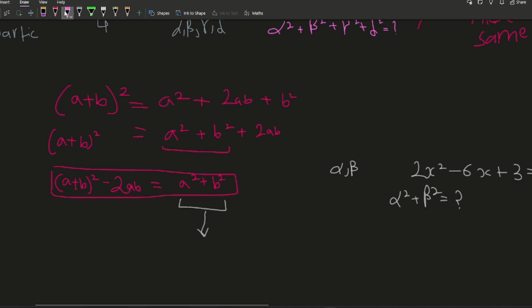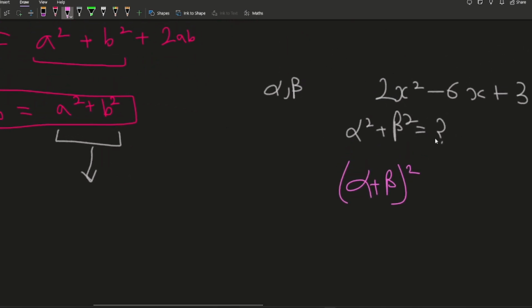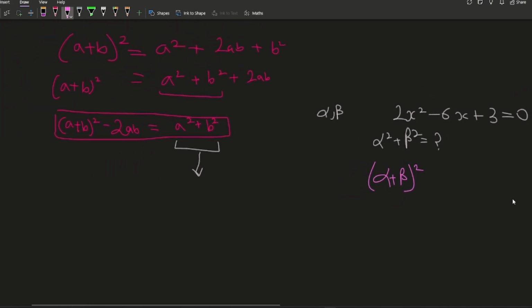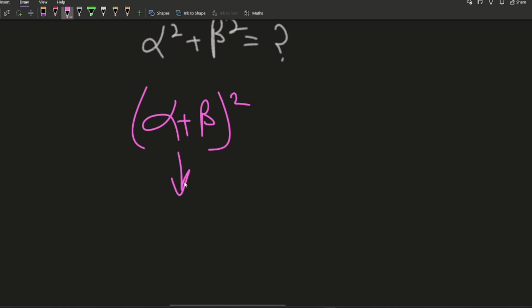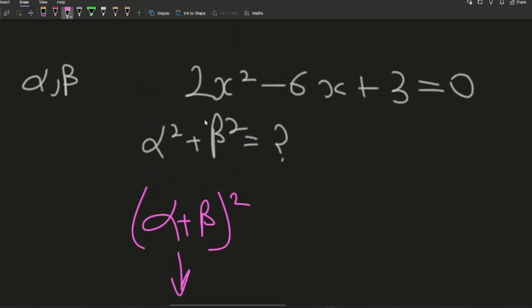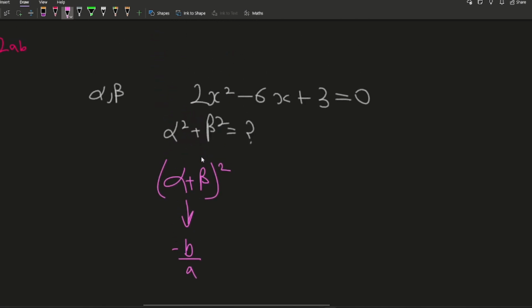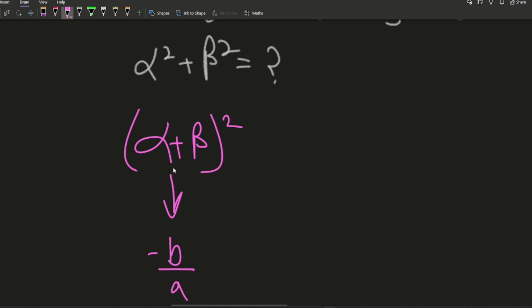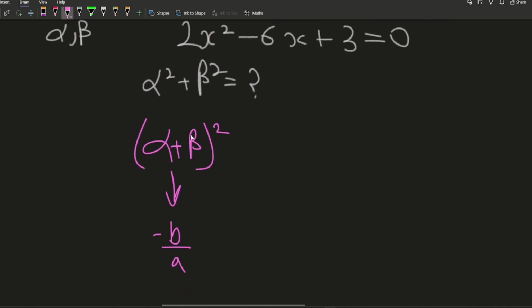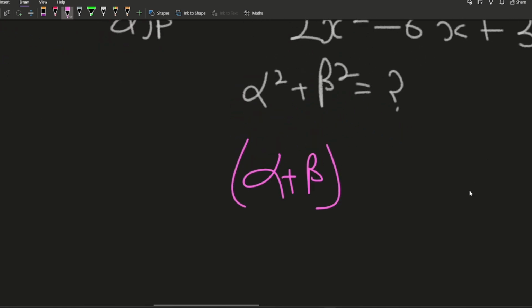So a plus b, if we were to square them, we should eventually get alpha square plus beta square, right? So let's try that. And yeah, we already know that alpha plus beta is equal to minus b over a. But we need to find alpha square plus beta square. We don't need to find the values of this, right? So we will expand this instead of solving for it.